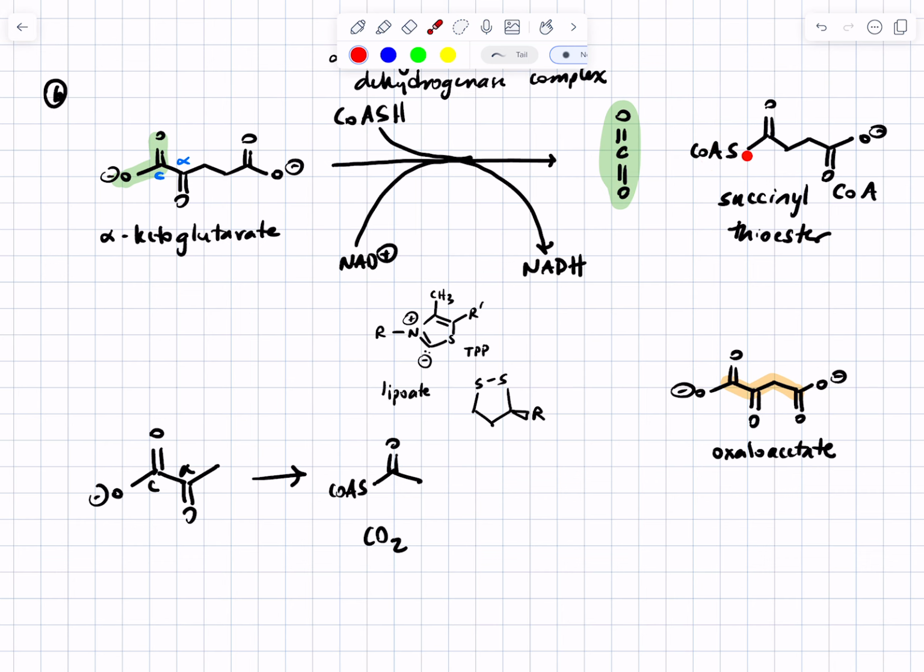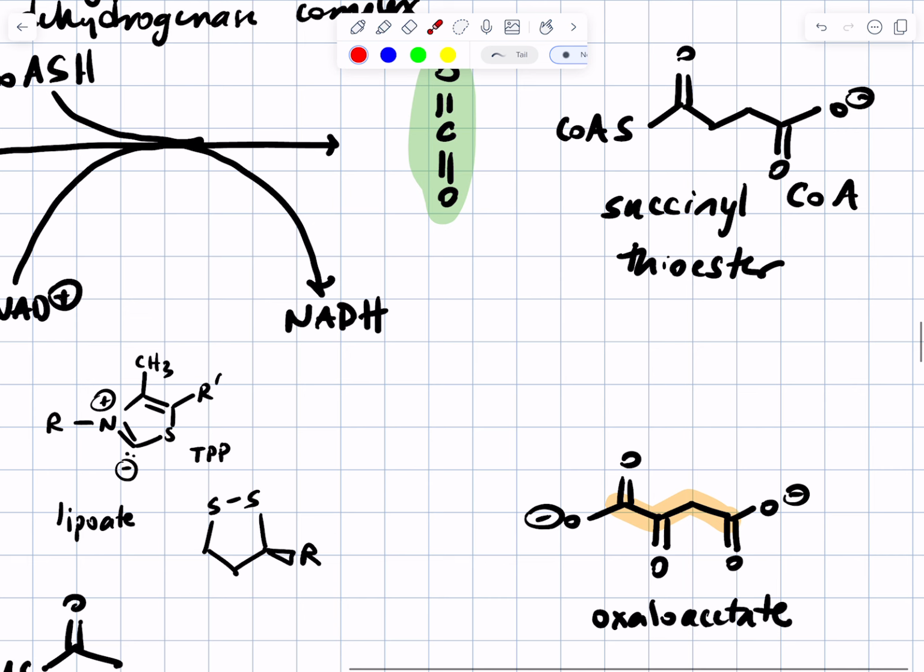We're going to generate GTP from this thioester, because remember, thioesters are pretty high in energy, just below aldehydes and ketones and mixed anhydrides. So we're actually going to use that thioester to make a molecule of GTP. Then after that, we've got to oxidize the carbon that's alpha to the thioester.